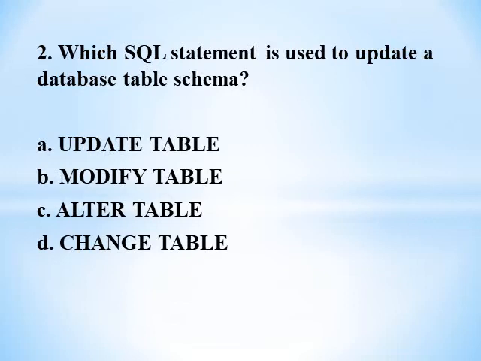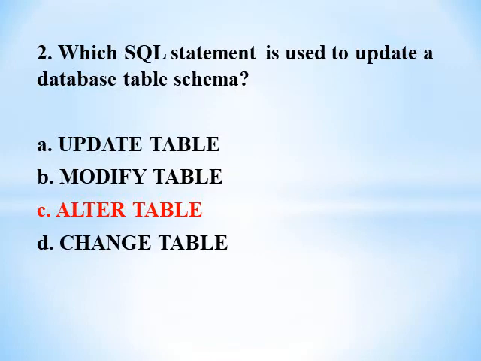DDL statements are used to create, modify, and remove the database objects like tables, users, views, etc. These DDL commands are create, alter, drop, and truncate. So the right option is alter table.